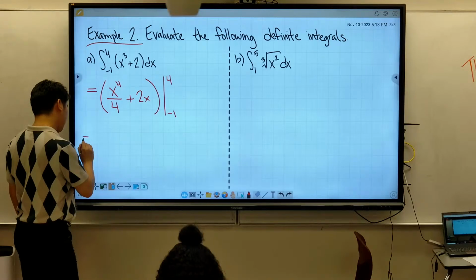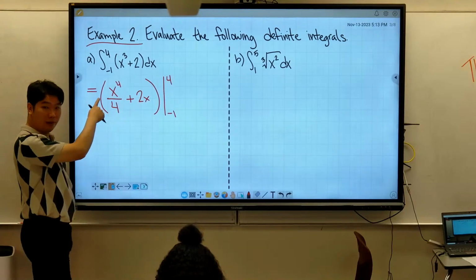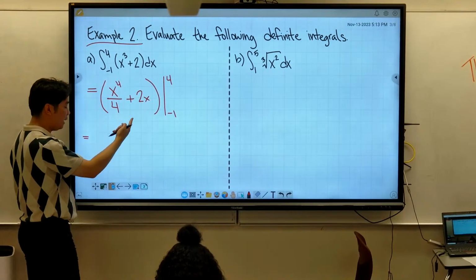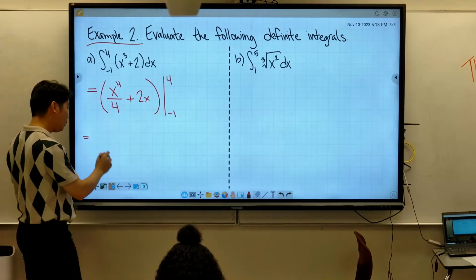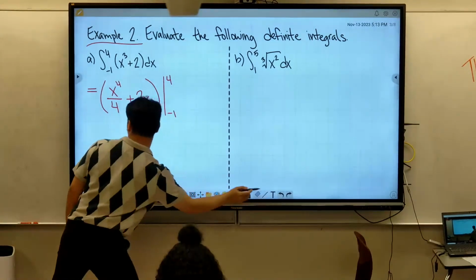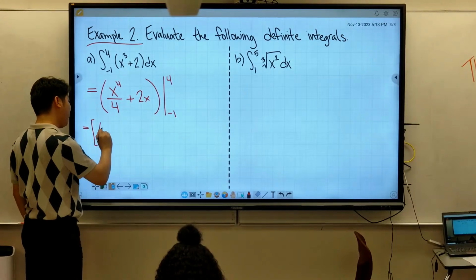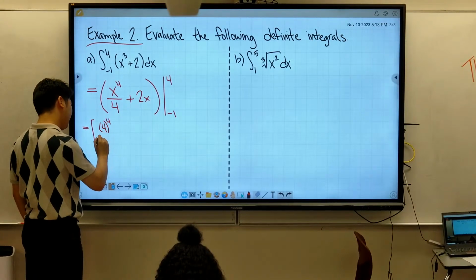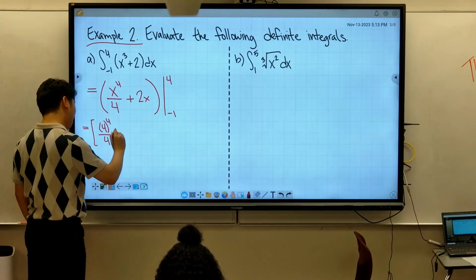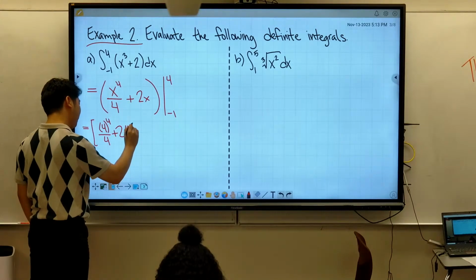Starting off with plugging in 4, for notes, I'm going to plug this in directly. Plugging in 4, I get 4 to the 4th power over 4 plus 2 times 4.